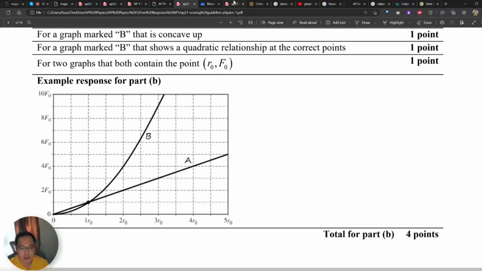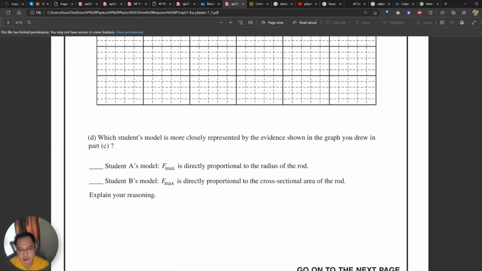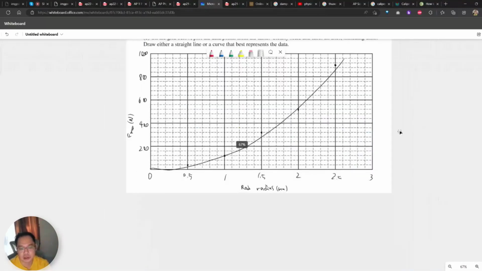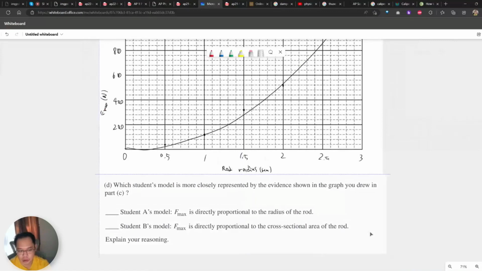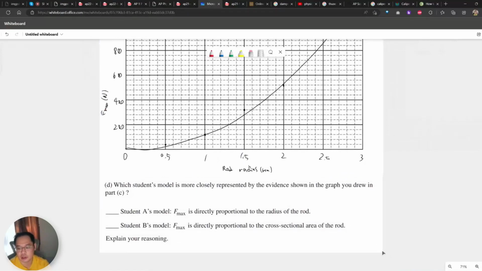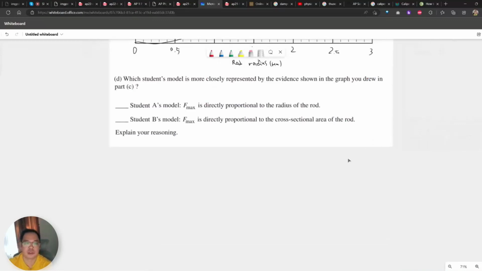What's the next question? Which student's model is more closely represented by the evidence shown in the graph you drew? We can clearly see which student is correct, right? That is student B, saying that it is proportional to the cross-sectional area. Explain your reasoning.